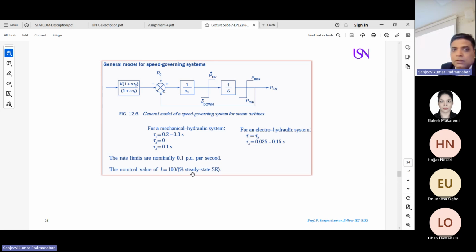Can I go to the next one? Yes. 1 over tau3. Yes, it is an integrator time constant.